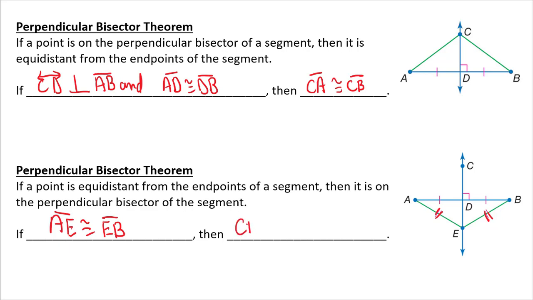Then CE is perpendicular to AB and AD is congruent to DB. So it's just the converse.